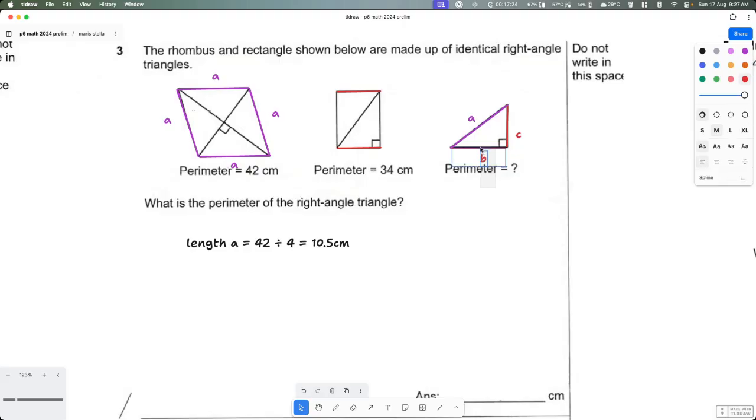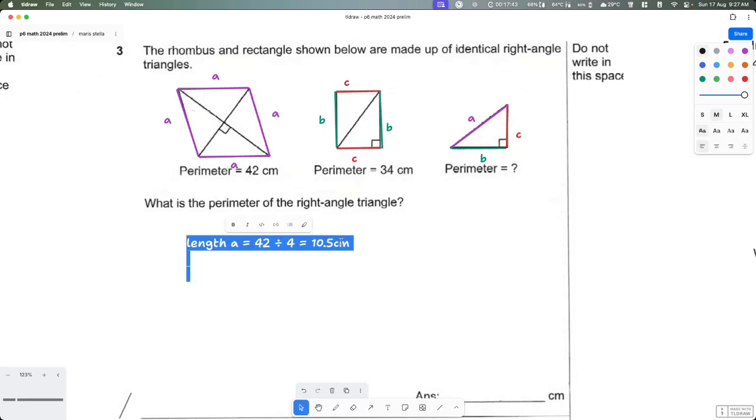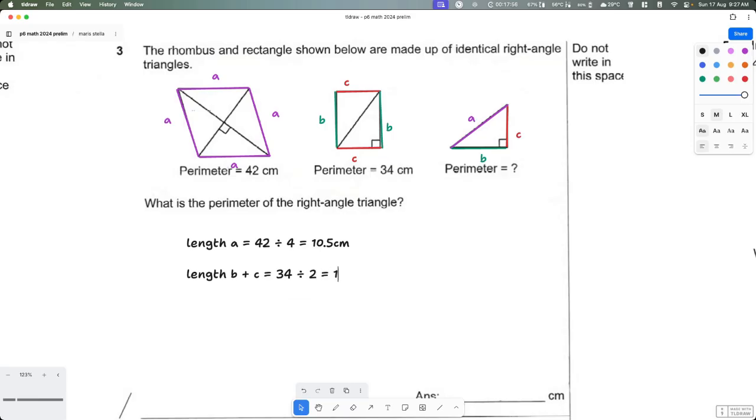Maybe I'll make B a different color, maybe green. So you have B over here and B over here as well. So for 34, you have two B's and two C's. So length B plus C is equal to 34 divided by 2, which is 17. 17 cm.